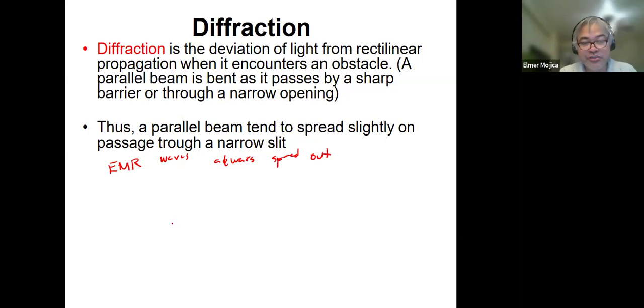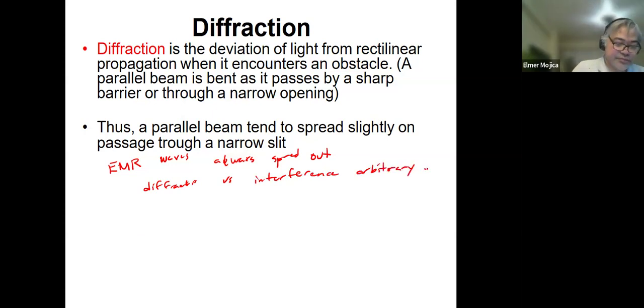So the distinction between diffraction and interference is somewhat what? Arbitrary. Because diffraction can also result in superposition of waves.